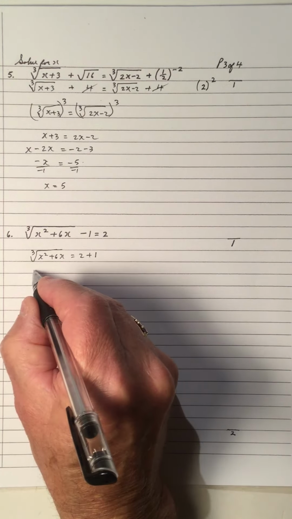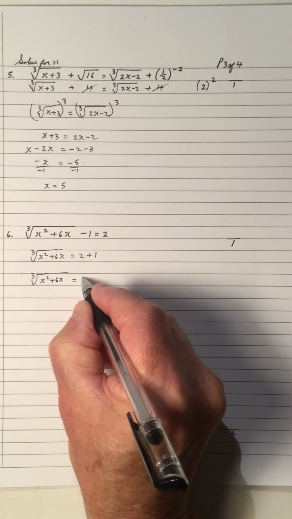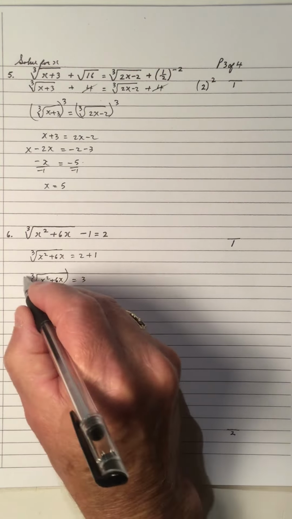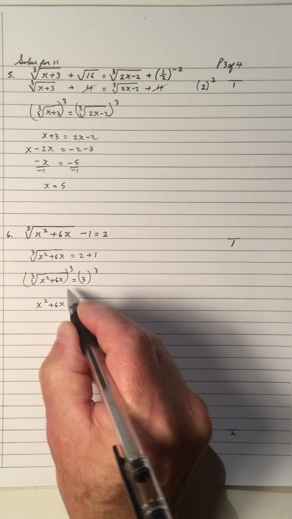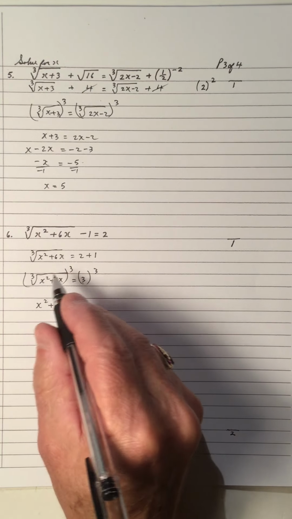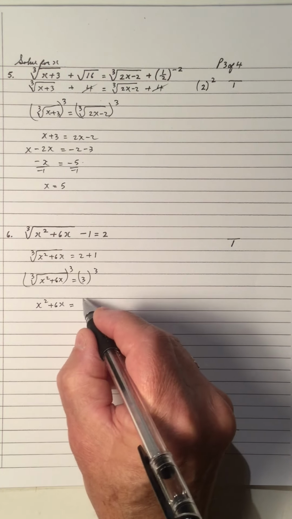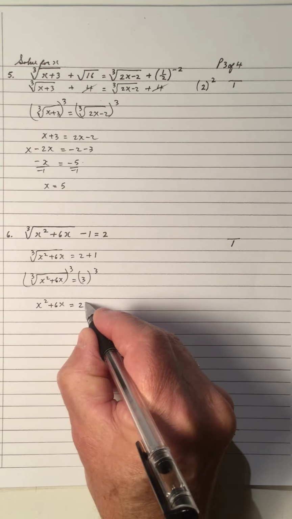So that's the cube root of x squared plus 6x equals 3. The root is isolated, so I will cube both sides. So that's x squared plus 6x, because when you cube, the cube root cubed is the expression underneath the root, and 3 cubed is 3 times 3 times 3, which is 27.